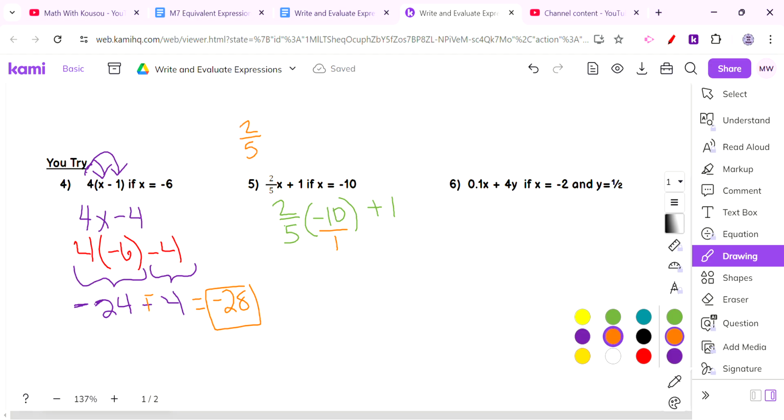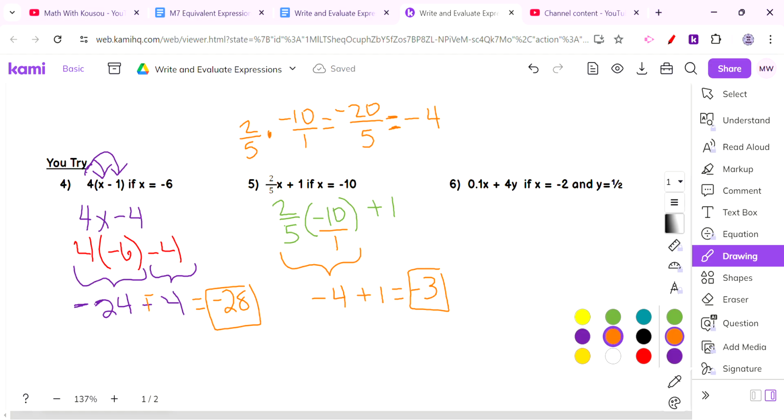So 2/5 times -10 over 1. Okay, well, 2 times -10 is -20. 5 times 1 is 5. -20 divided by 5 gets me -4. So here I get -4 plus 1, I get -3.